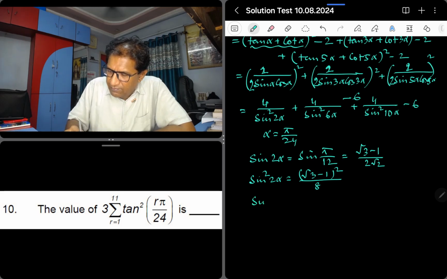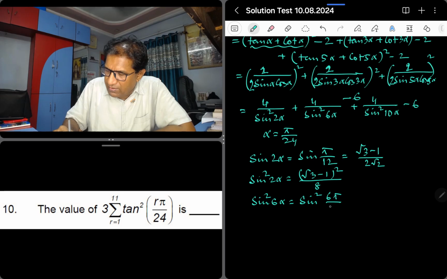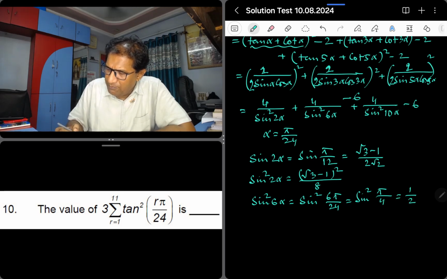Similarly, sine square 6 alpha will give us sine square 6 pi over 24. That is sine square pi over 4. So that gives us 1 over 2. Okay? And for sine square 10 alpha, we are going to have sine square 10 pi over 24.